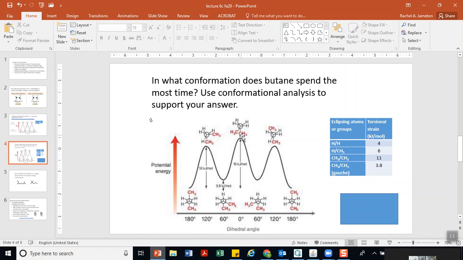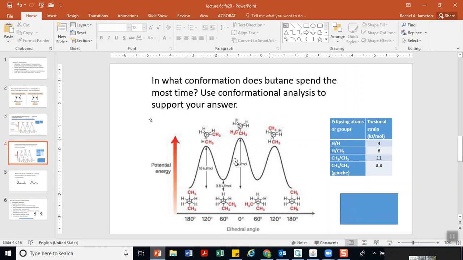Methyl groups, when they eclipse, that's the highest in energy. And then the gauche interactions, where they're not eclipsing, they're actually staggered, but those methyl groups are still so close to each other, sterically hindering each other, that you do get an increase of energy over the anti.